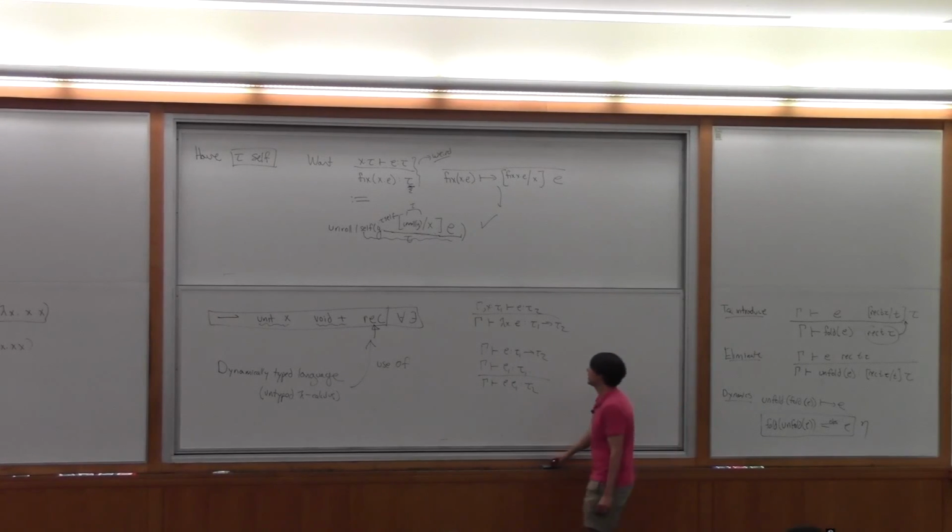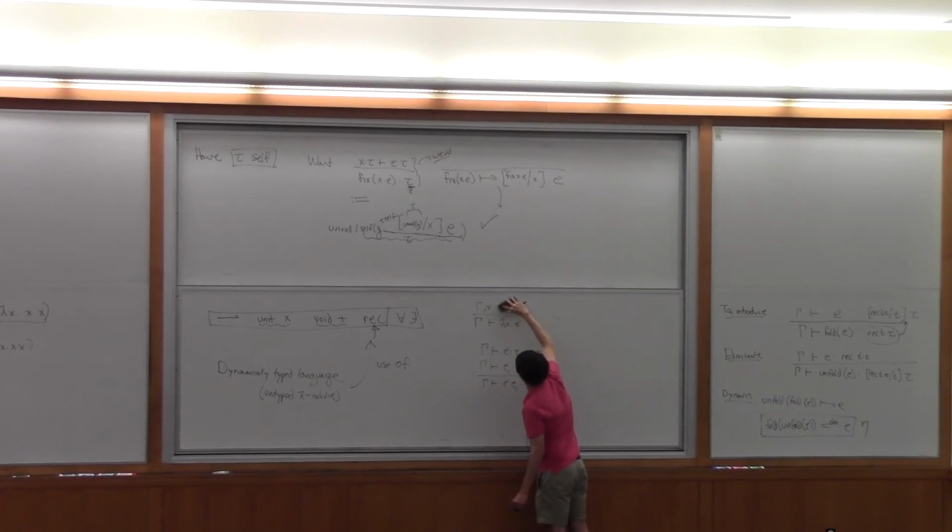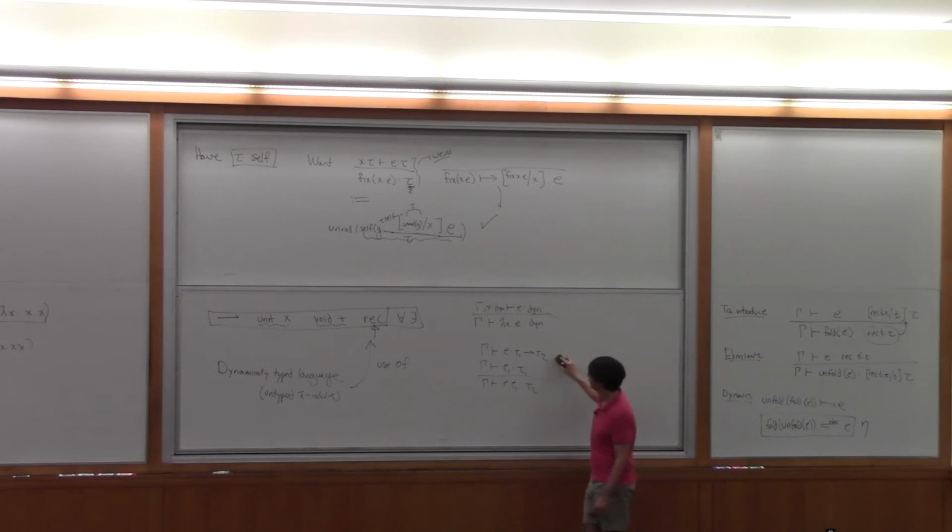If I want to make this dynamically typed, the key idea is that a dynamically typed language is really a language with one type. Okay.